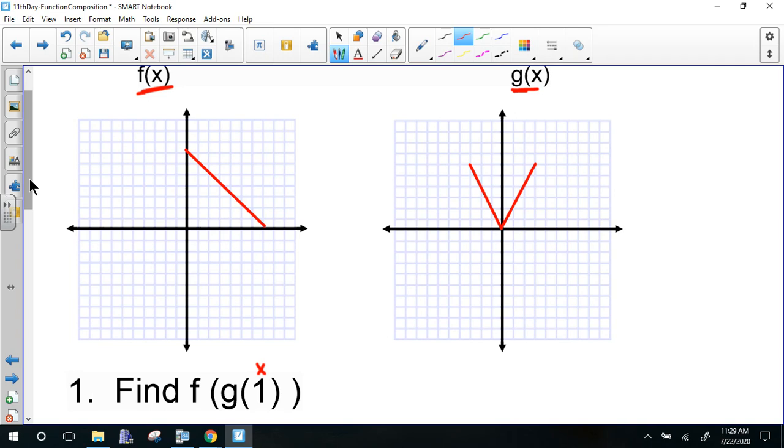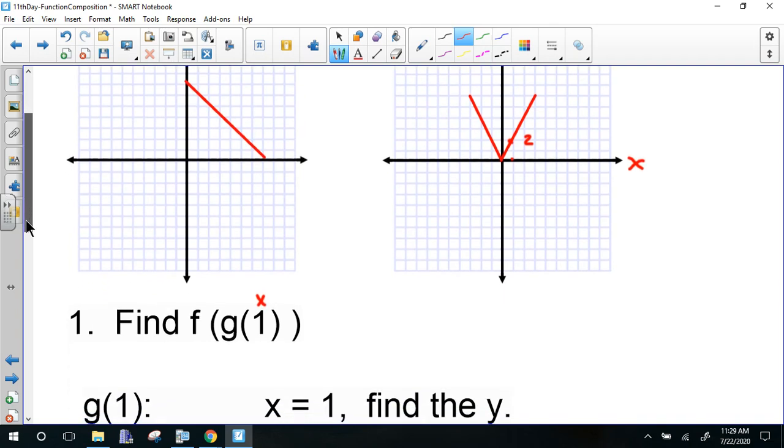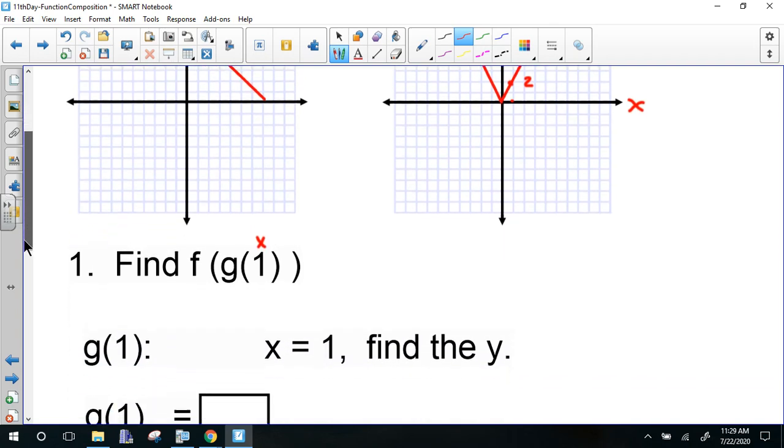So in g, I want to find out what the answer is when x is 1. So over here in g, when x is 1, my graph is at 2 on the g of x axis, right? This is x, this is g of x. So that becomes 2.